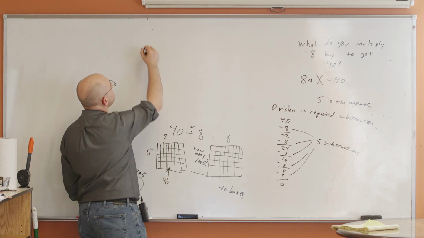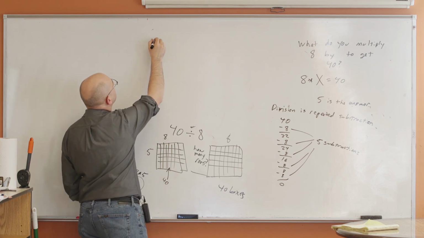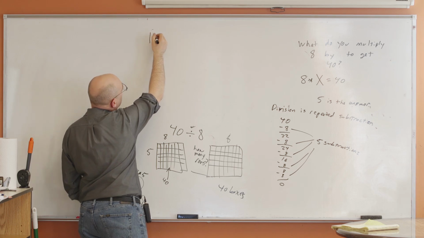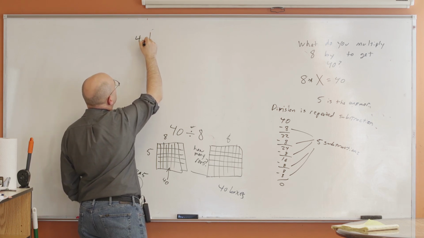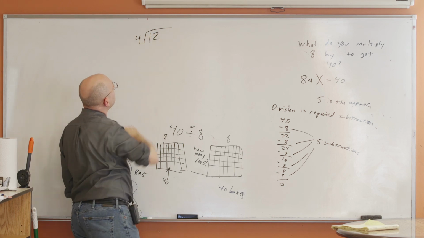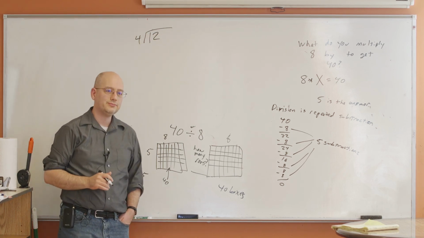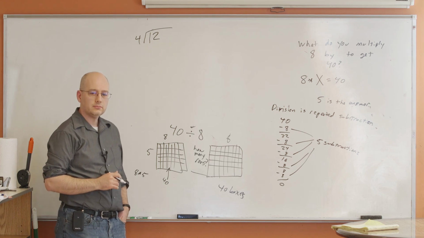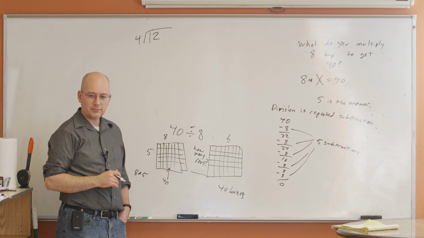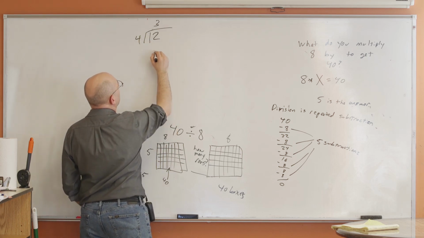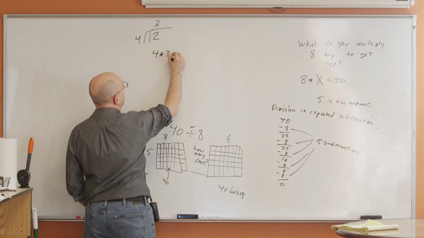So, let's say 12 divided by 4. So, Amber? 3. So we write 3, and that means 4 times 3 equals 12.